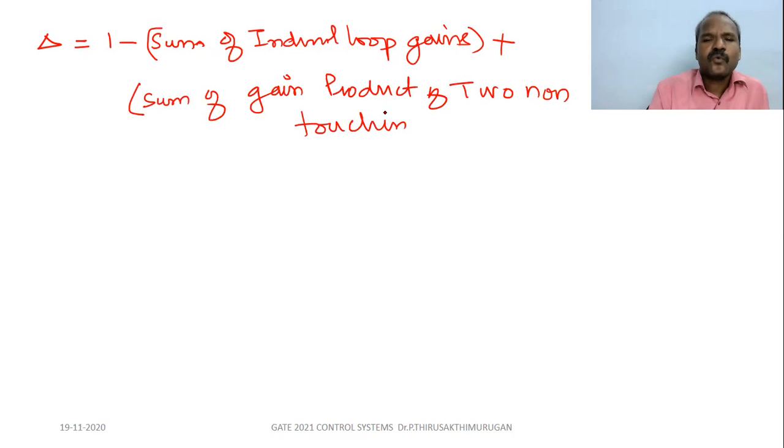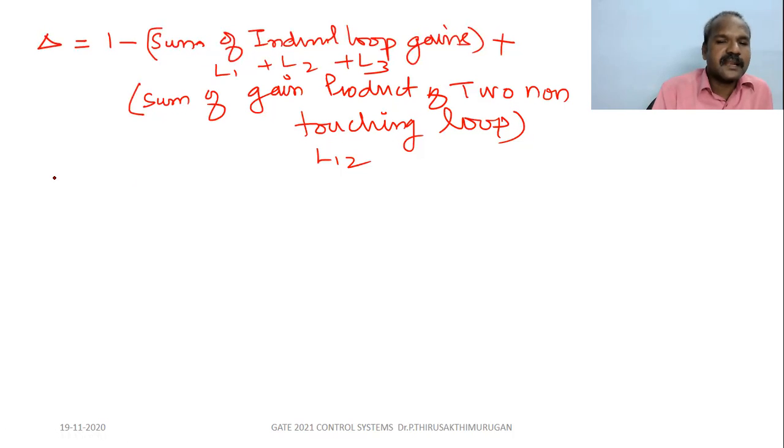In this case, only one pair of non-touching loops, so you can have only just L12. The sum of individual loops is L1 plus L2 plus L3. Understand or not? So the further terms are impossible in this case.